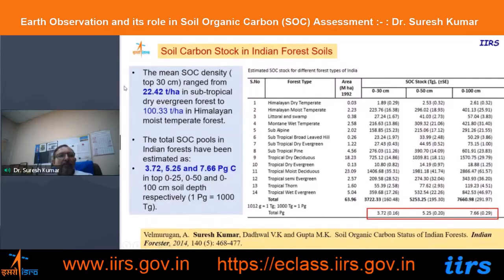Here are the soil carbon stocks in Indian forest soils. We found that the 0 to 30 centimeter layer of Indian forest soils has 3.72 teragram of carbon, 0 to 50 centimeter we have estimated 5.25 teragram of carbon, and 0 to 100 centimeter it was estimated 7.66 teragram of carbon.